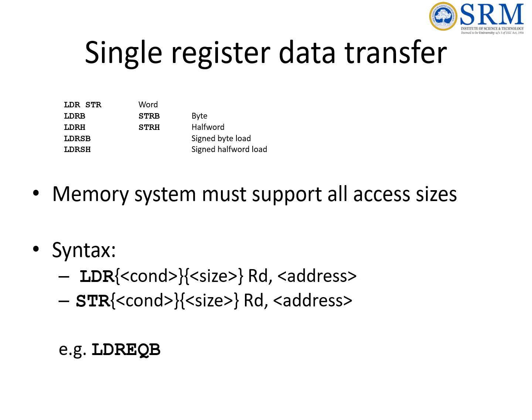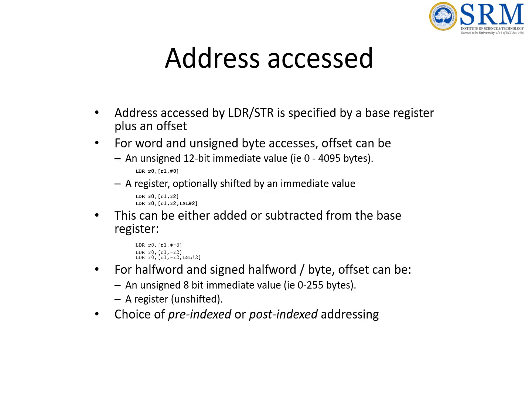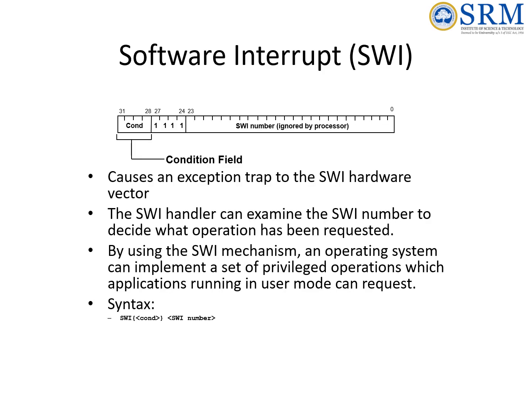So single register data transfer: memory must support all access sizes. The address accessed by LDR/STR is specified by a base register plus an offset. This can be either added to or subtracted from the base register. The software interrupt instruction causes an exception trap to the SWI hardware.